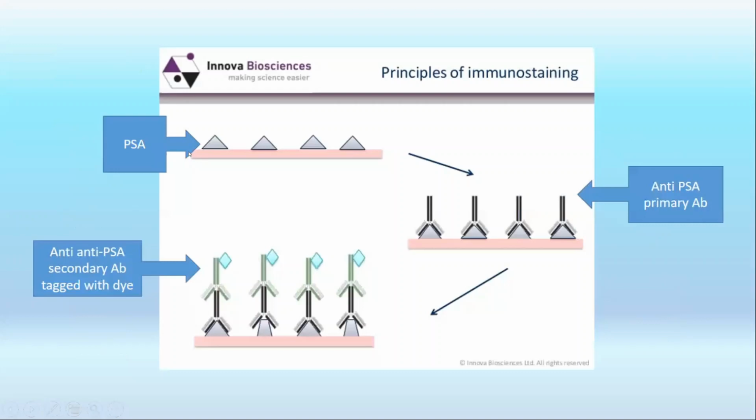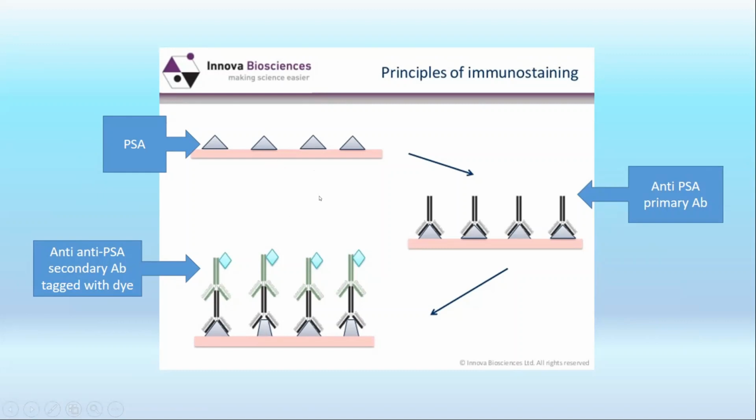Okay, for example, you have a tumor and let's say you don't know what it is. Let's say you get a tumor in a lymph node. One thing you want to know is whether this could come from the prostate.